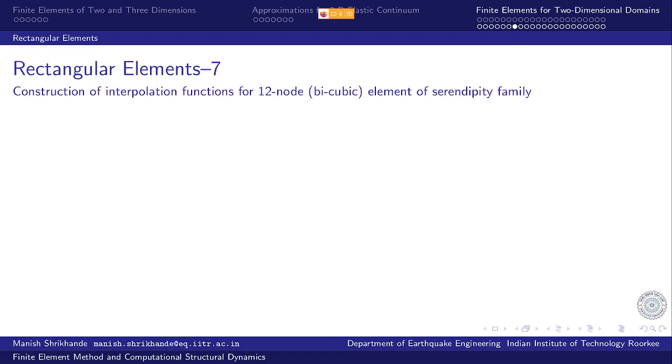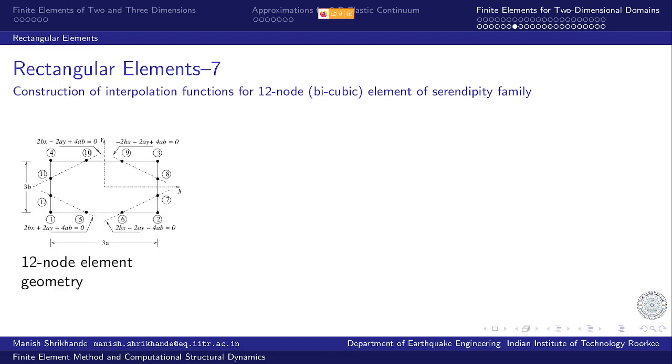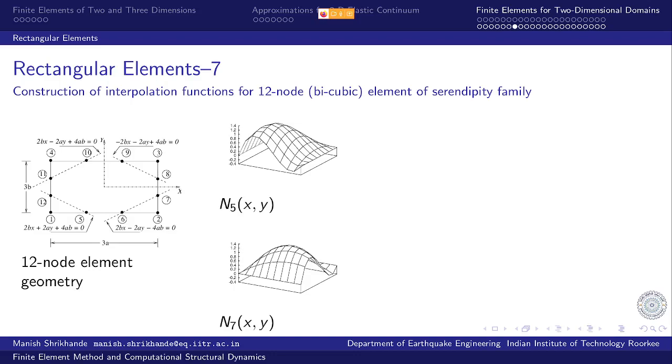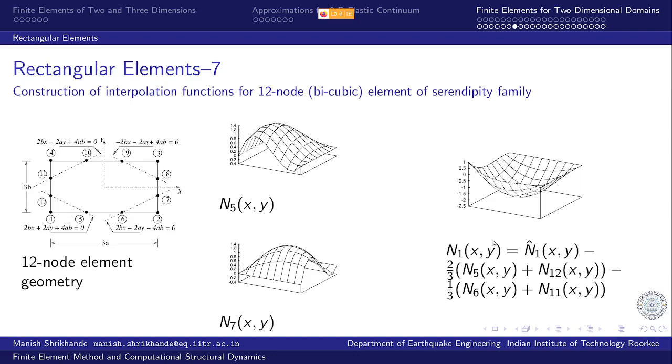Similarly, the construction of interpolation functions for the 12-node bicubic element uses the equations of lines. So this is the geometry of the 12-node element. Again for N5 and N7 we have these interpolation functions, and we can develop N1 as the bilinear interpolation N1 minus 2/3 of N5 plus N12.